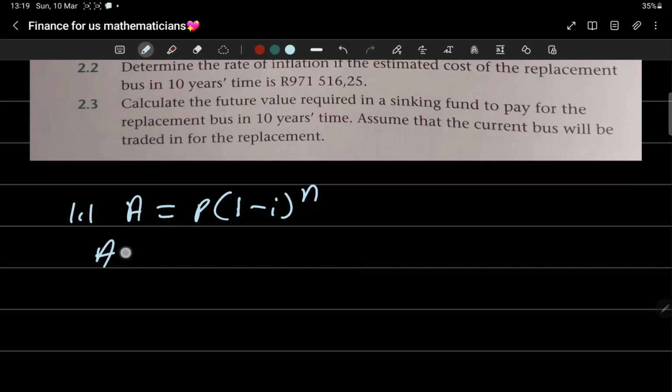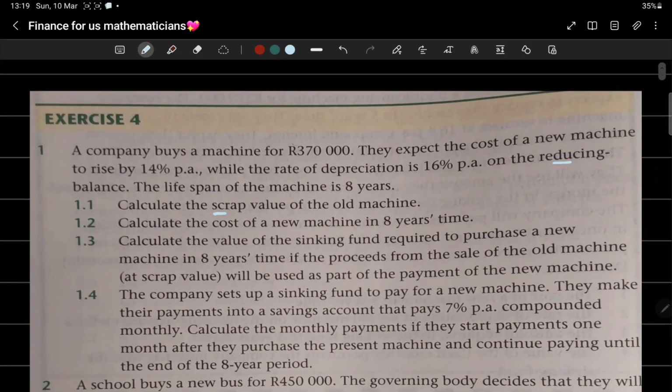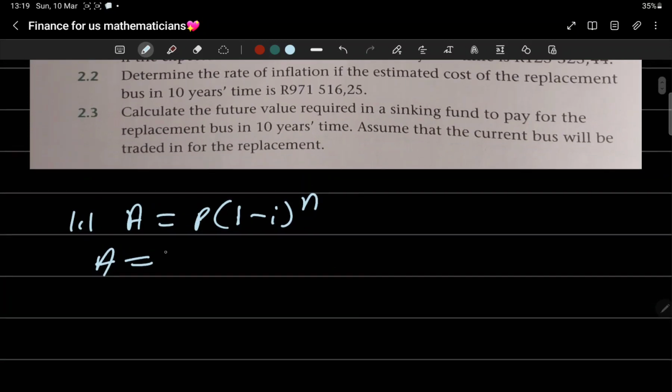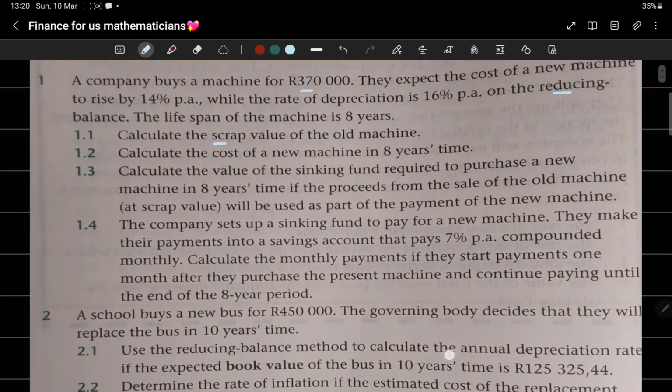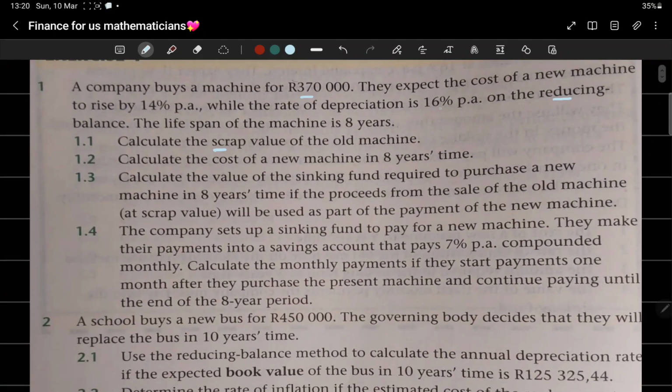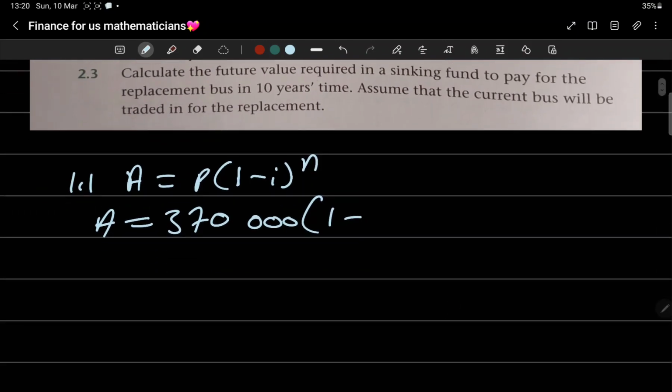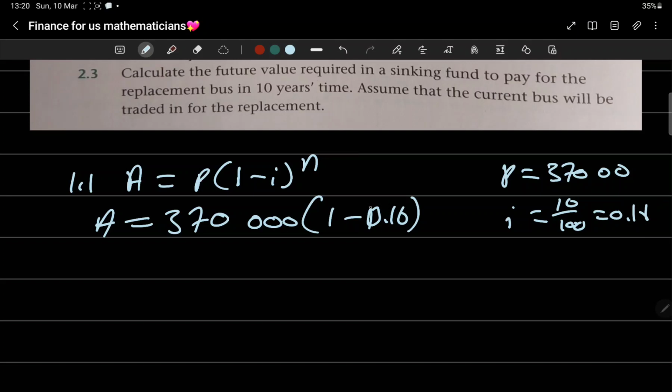Let us put the values. A equals, what is our principal value of the machine? 370k. It's an expensive machine. 1 minus 16%, it's compounded annually. 16% is 16 over 100, which is 0.16, and n is 8 years.